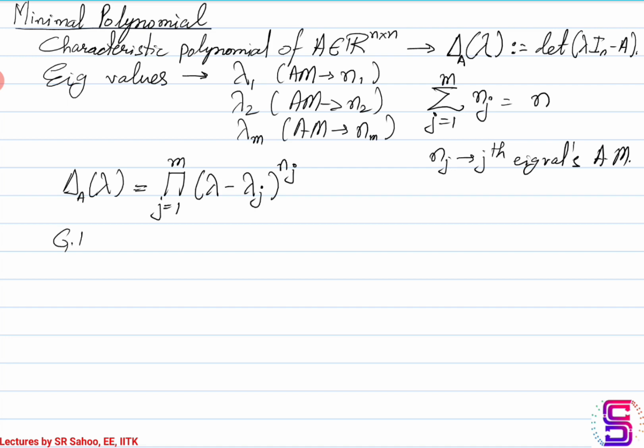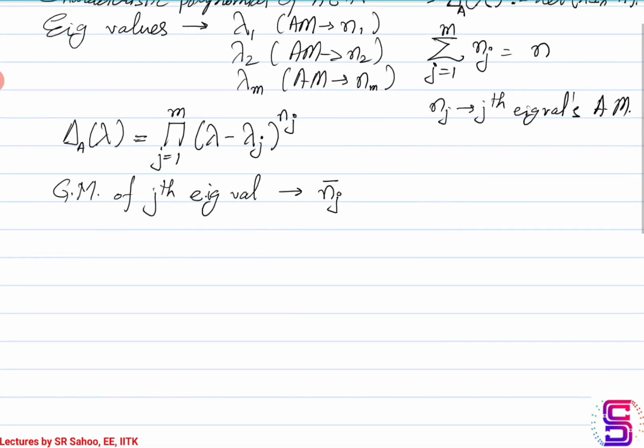Now, we represented the geometric multiplicity of the jth eigenvalue with the symbol nj bar.